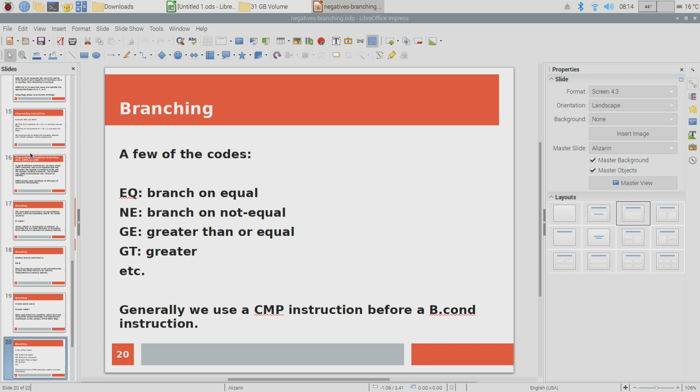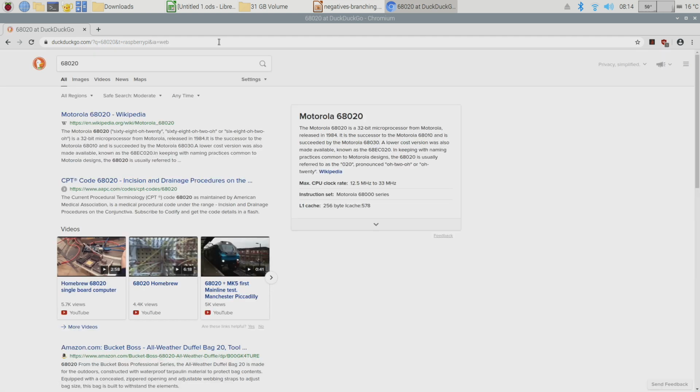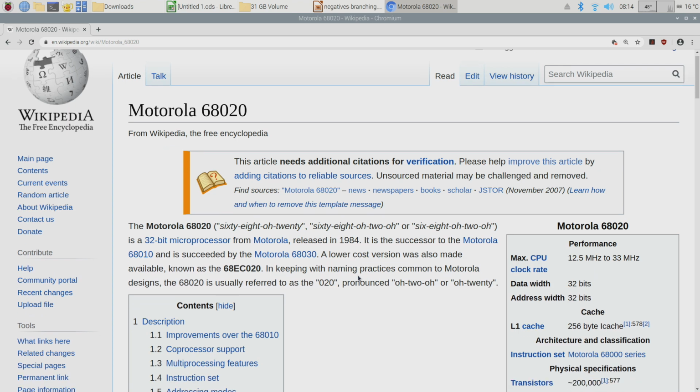The 68020, by the way, just since we're going down that tangent for the moment, was a 32-bit microprocessor released in 1984, so this would have been right after he graduated from Wabash.